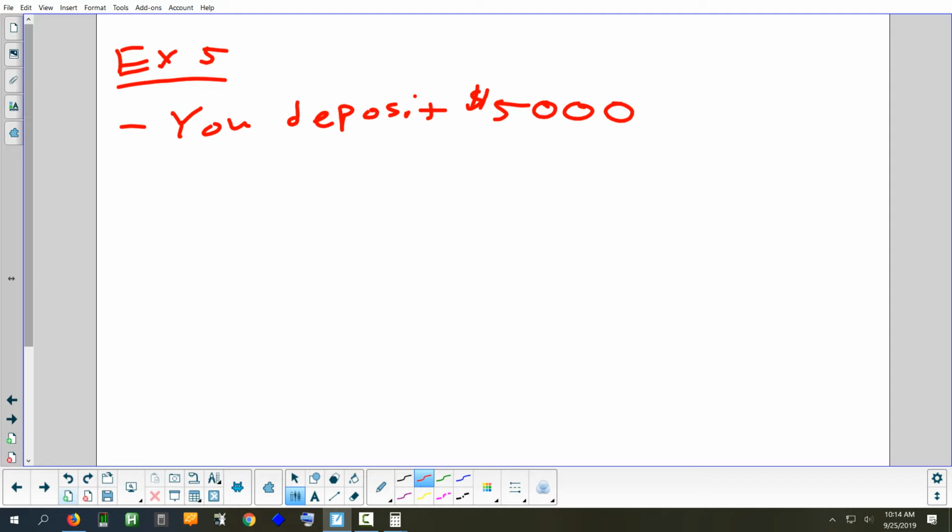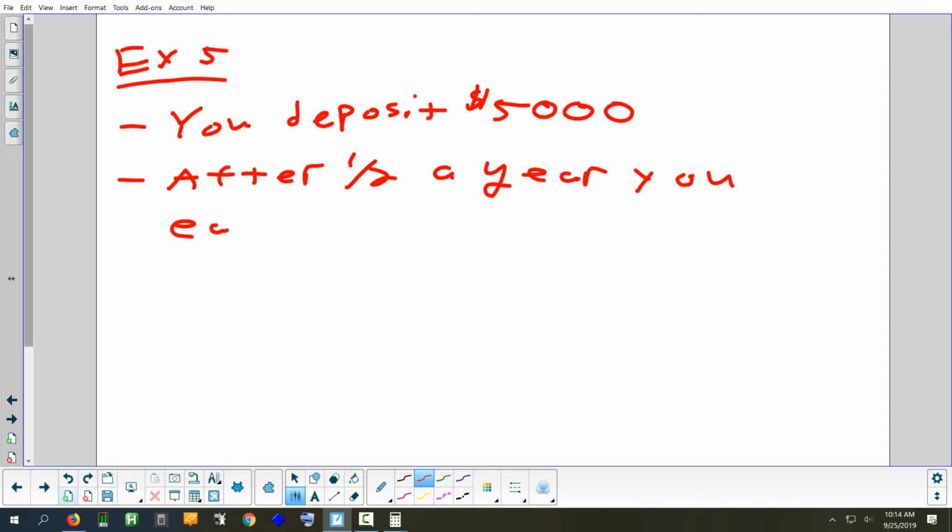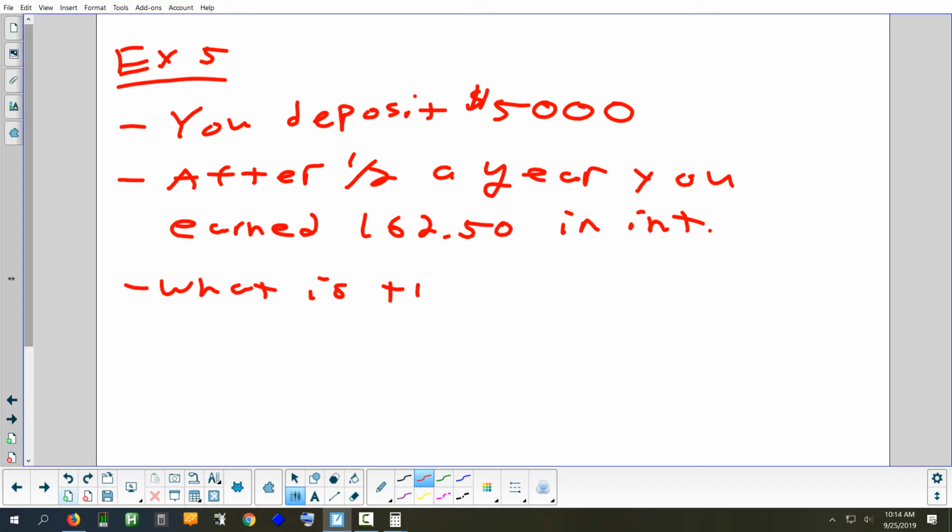After half a year, you earned $162.50 in interest, right? What is the interest rate? Okay, that's the question. What is the interest rate?